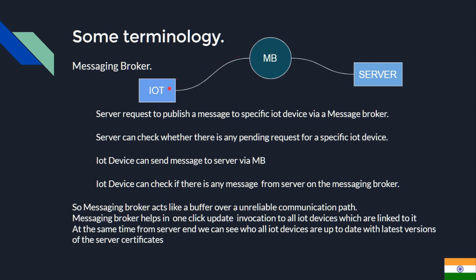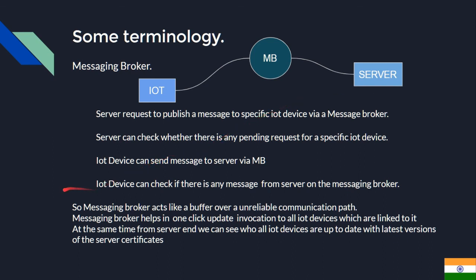Likewise, if the IoT device wants to communicate to the server, it will first publish to the messaging broker, and then the messaging broker will send it to the server. So it creates a buffer kind of thing.